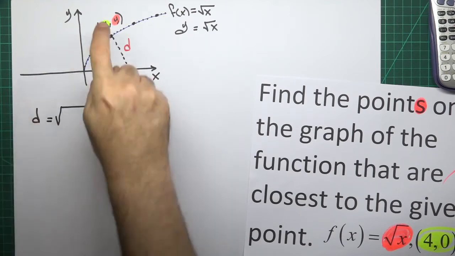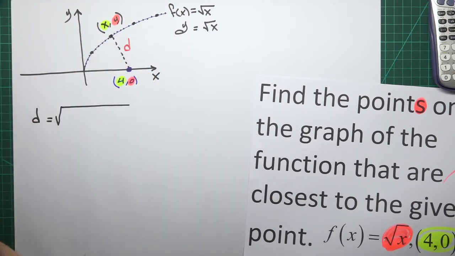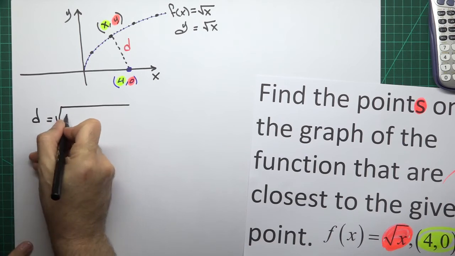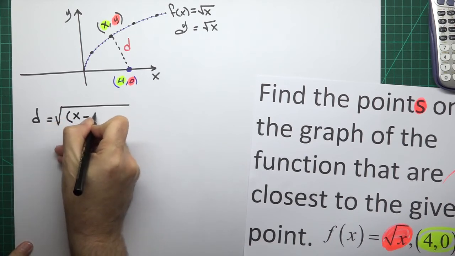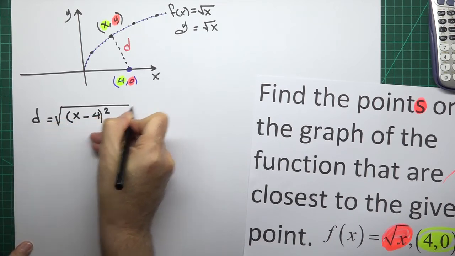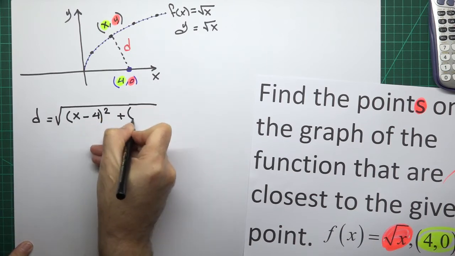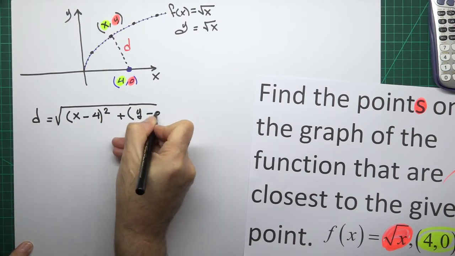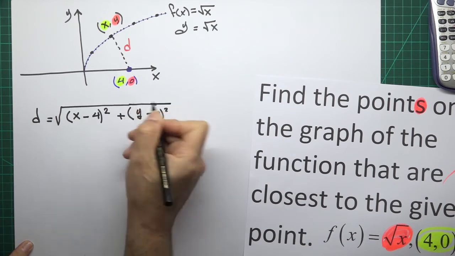It does not matter whether you say x minus 4 or 4 minus x, it's the same. I have x minus 4 squared plus y minus 0 squared.